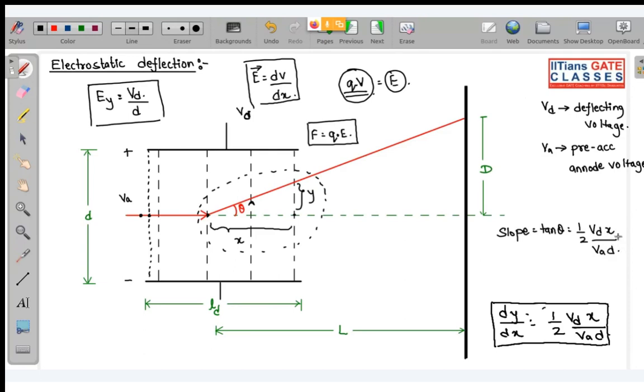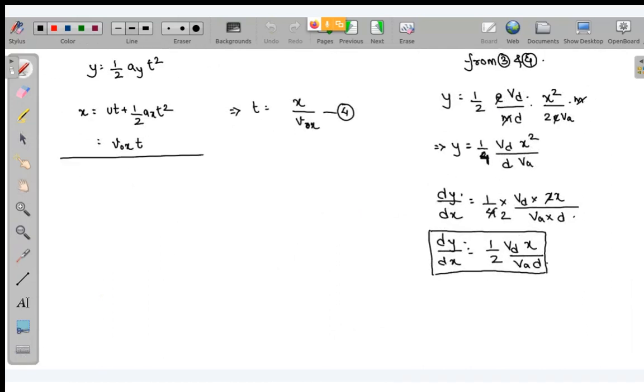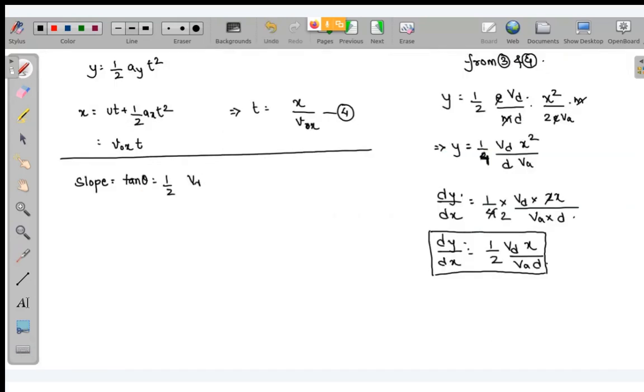Rishit, did you understand this or not? Yes, sir.